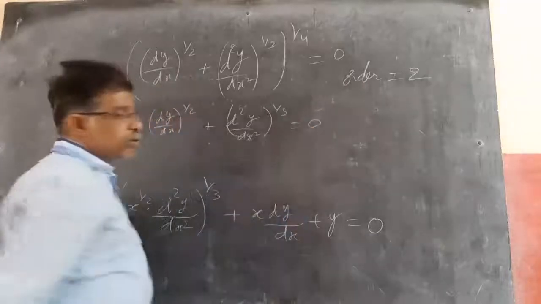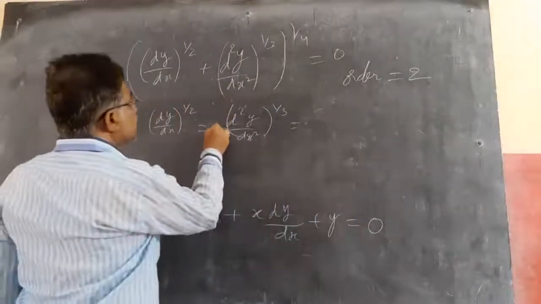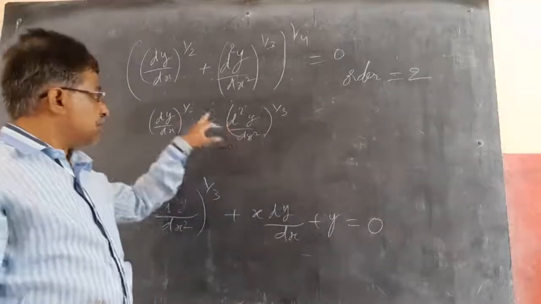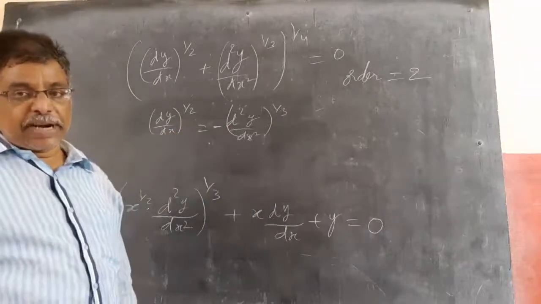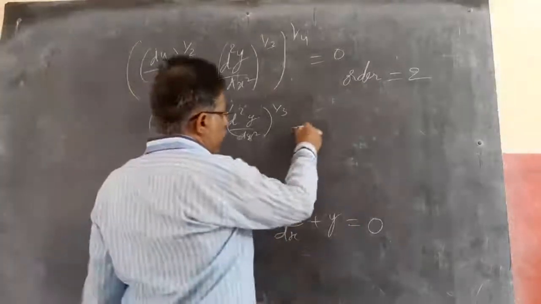Zero to any power is zero only. Now I will bring this to that side, becomes minus (d square y by dx square) whole power 1 by 3. Now this is again whole power 1 by 2, this 1 by 3. Again to be made free from radicals, so raise to whole power 6.